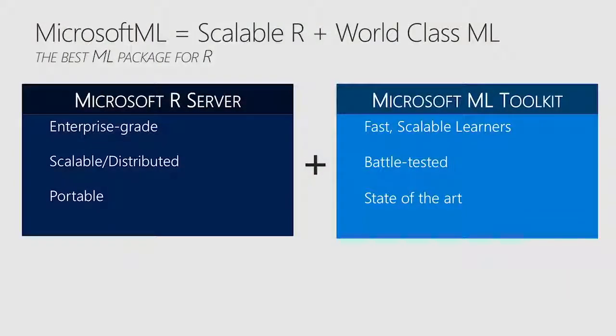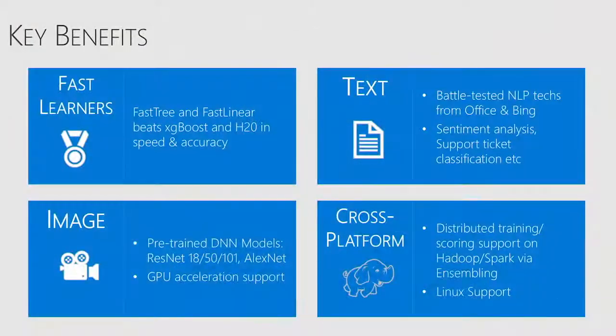So today we're going to talk about Microsoft ML, which is the ML package for Microsoft R Server. We bring the best of scalable, fast, battle-tested algorithms to the Microsoft R Server. One of the key benefits of this package is that we bring fast and scalable machine learning algorithms, and they can be used for a variety of tasks.